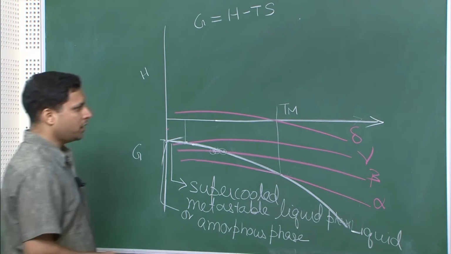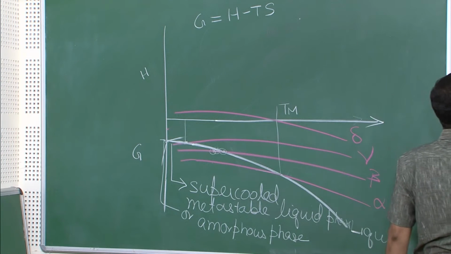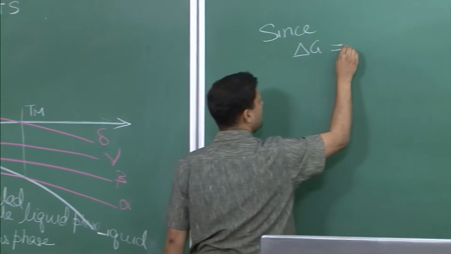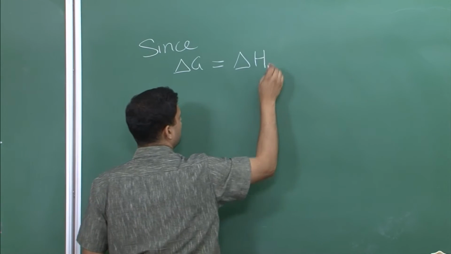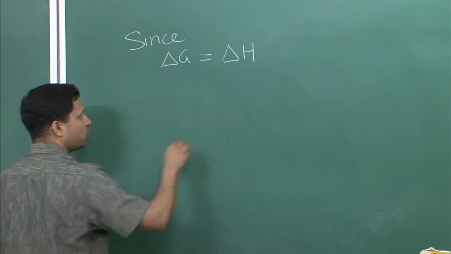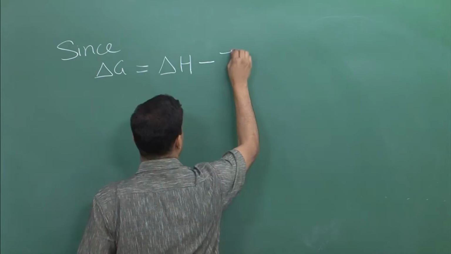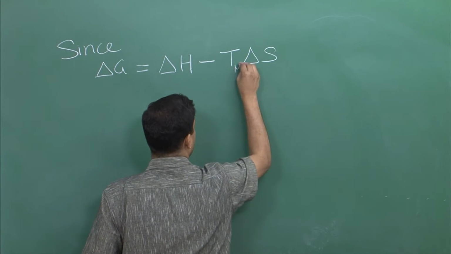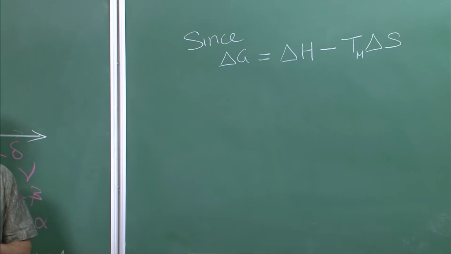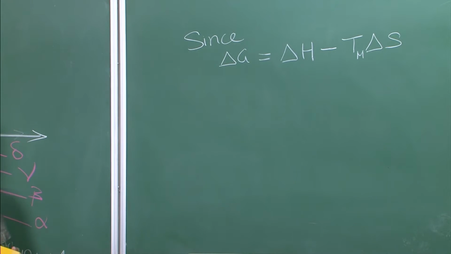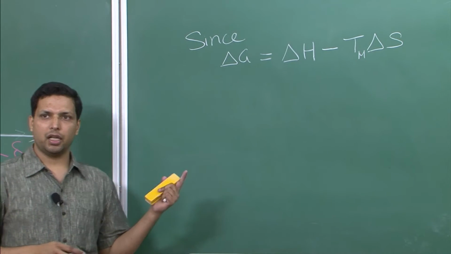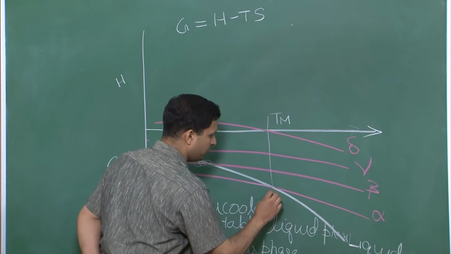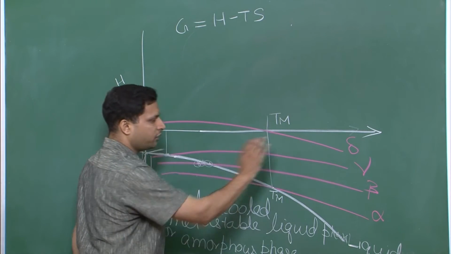Now another important thing is that delta G, which is for transformation from one phase to another. Let us say we are looking at a single component liquid to a stable phase transformation, for example liquid to alpha phase transformation, and this is Tm, and let us forget the other phases.